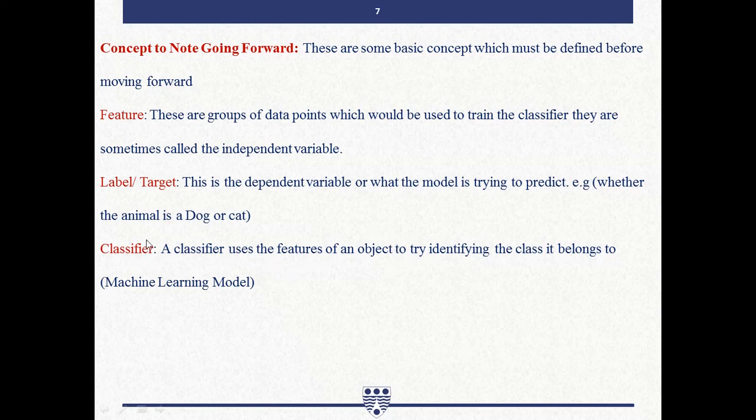You can call it a classifier and you can also call it regression, depending on what you want to do. This classifier is simply your machine learning algorithm that learns from these features so as to predict your target variable.